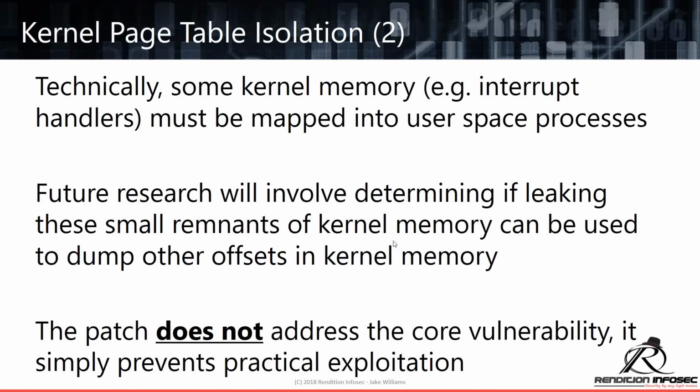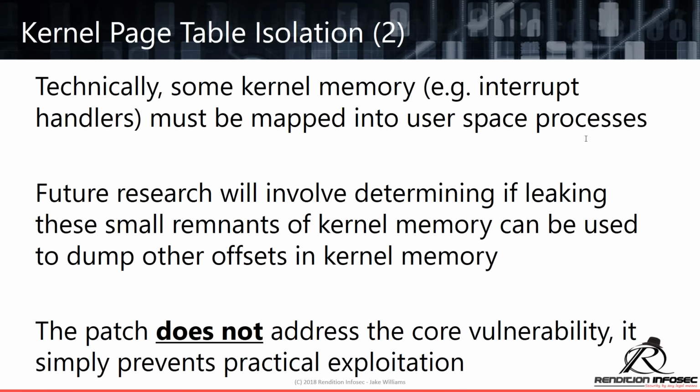Picture that we're leaking out an interrupt handler, and then analyzing the data we get back from it, and then saying, based on this data, can we go find other addresses? And if we can, then great. At that point, potentially we can still do some nastiness to the system.